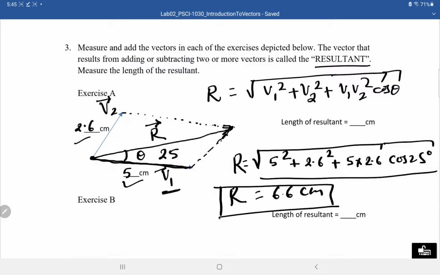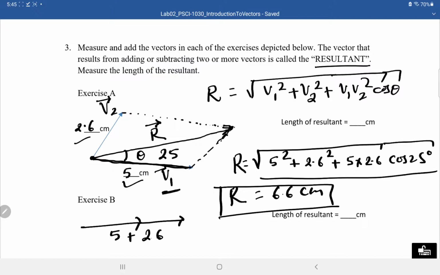Because they are not oriented in the same direction, they can't be added or subtracted directly. For instance, suppose this v1 is pointing in this direction and v2 is also pointing in the same direction, then you can directly add 5 plus 2.6. But you can't add vectors like scalars if they are pointing in different directions.